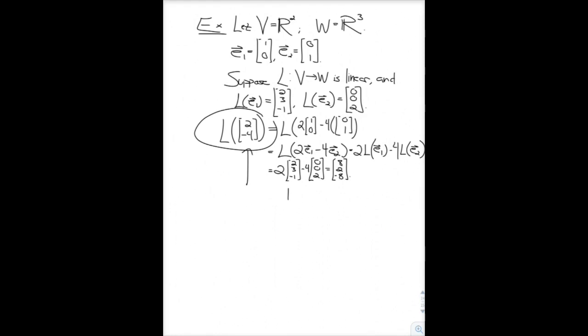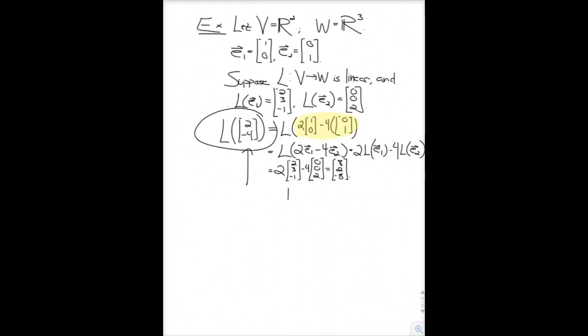But let's look carefully at this expression. So (2, -4), we can write, as I've done in here, as a linear combination of the basis vectors. After all, they're basis vectors, and so I can write any vector as a linear combination of them.